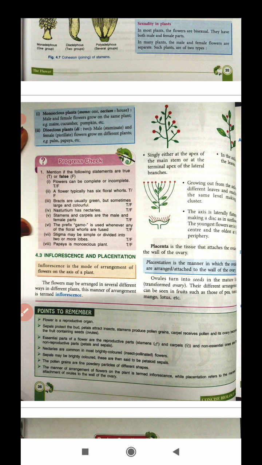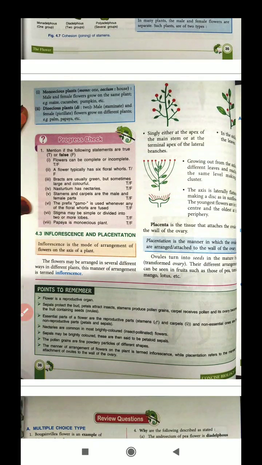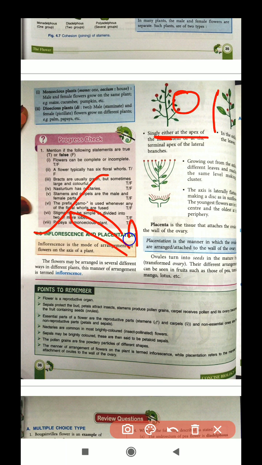First, inflorescence. Inflorescence is the mode of arrangement of the flowers on the axis of a plant. So in a plant, how are the flowers arranged? You can see that flowers are arranged on either side of the apex. And here you can also see the leaf and here is the flower.